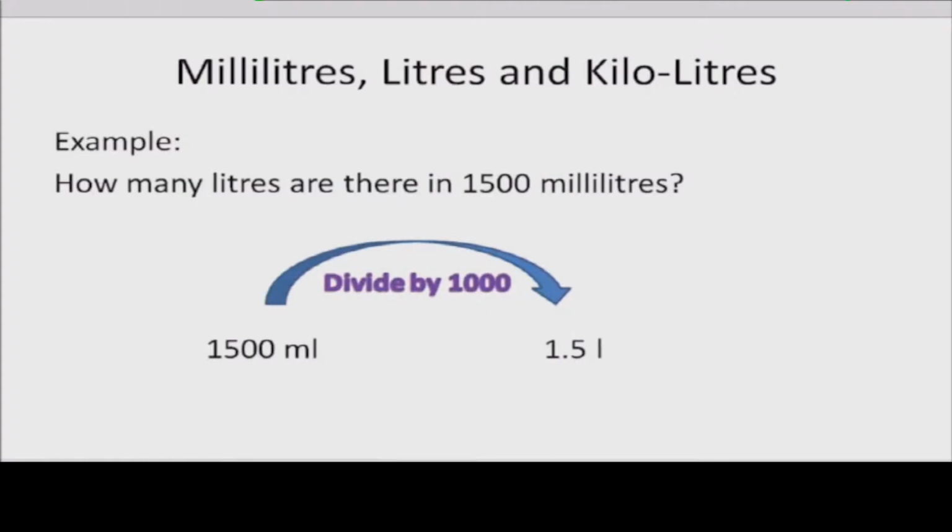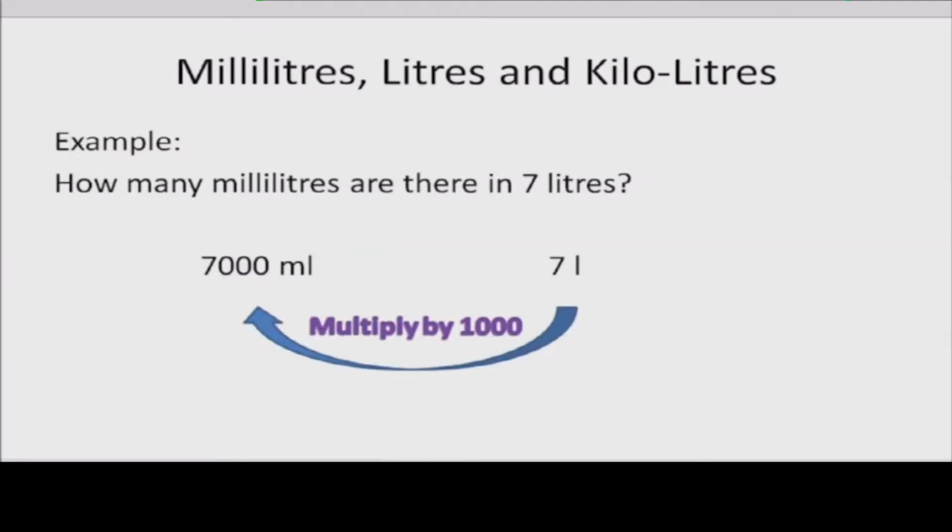Let's look at an example. How many liters are there in 1500 milliliters, right? That means you need to convert milliliters to liters. So the formula for the order of operation is simple. You need to divide milliliters by 1000. So 1500 milliliters divided by 1000 will give you 1.5 liters.